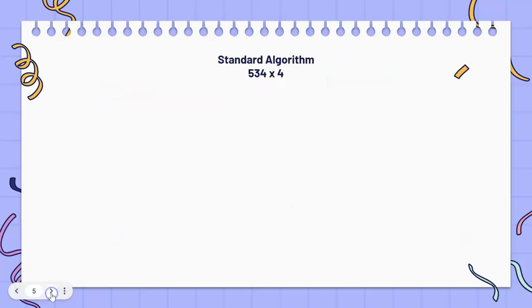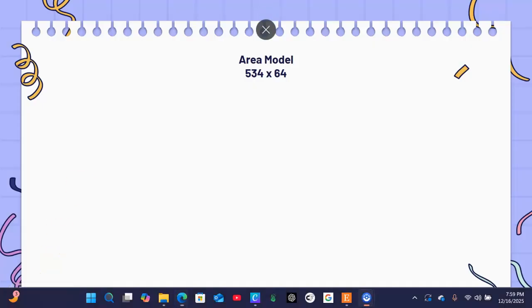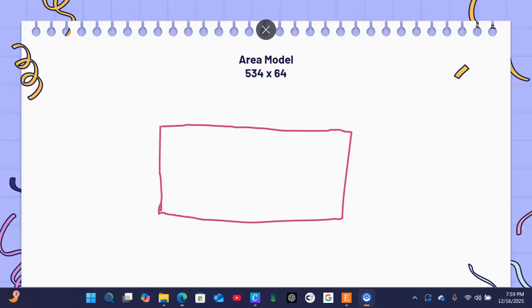This time we are going to begin by multiplying a 3-digit by a 2-digit number. Now, as you remember in 4th grade, you performed the area model by drawing a rectangle and partitioning your boxes according to how many digits are in that specific factor. So this one is 500.